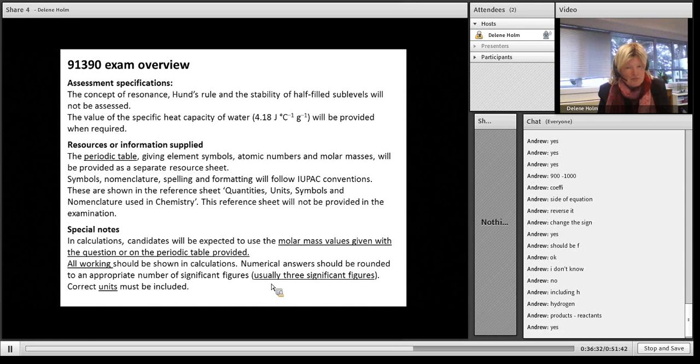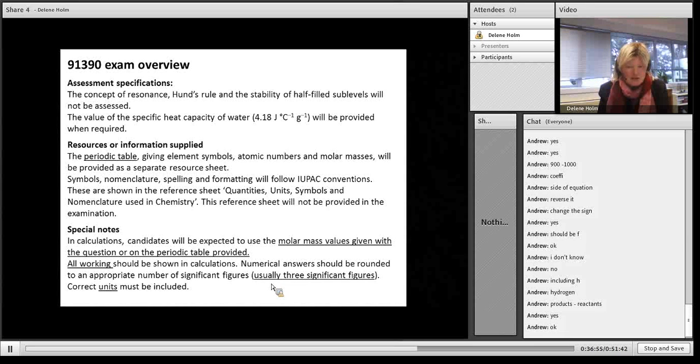It's only when you're multiplying, so when you're applying n is equal to small m over big M, or C is equal to n over V, or the calorimetry one, where you're multiplying, that's when you need to round off to 3 significant figures. You don't round off for Hess's law stuff, because we're just adding and subtracting. Is that sort of clear?